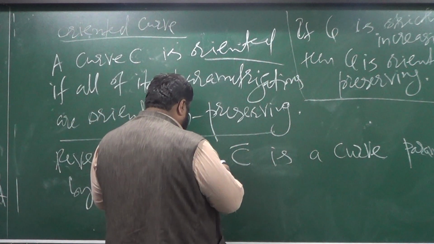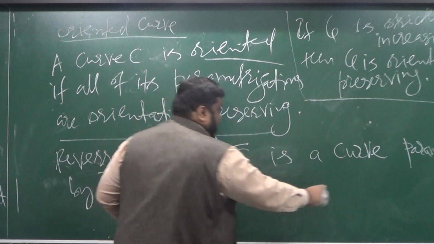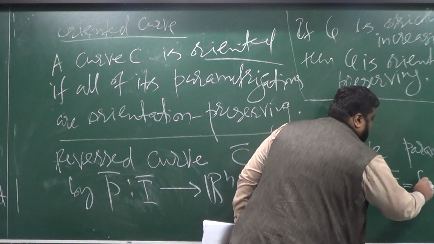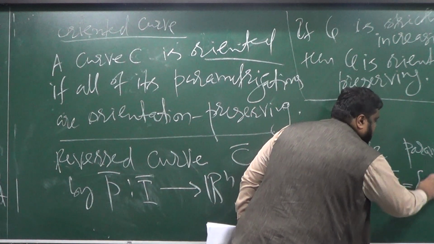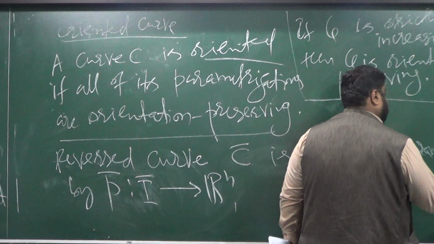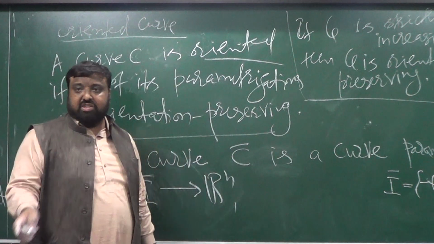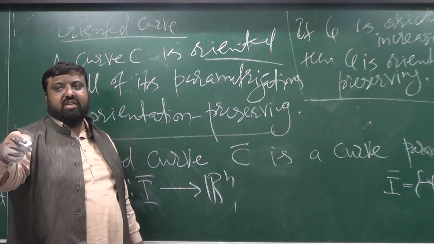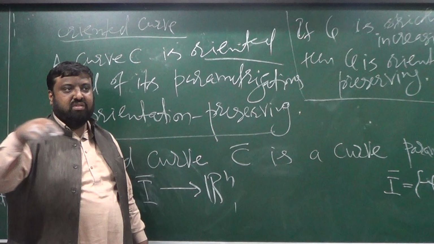I bar is simply the collection of the additive inverses of these points from I. So if your I is 0 to pi, then I bar is going to be minus pi to 0.